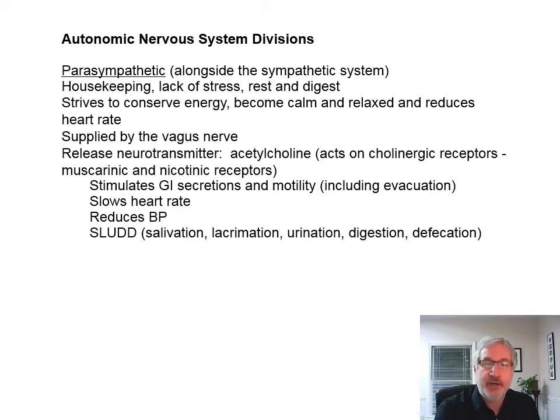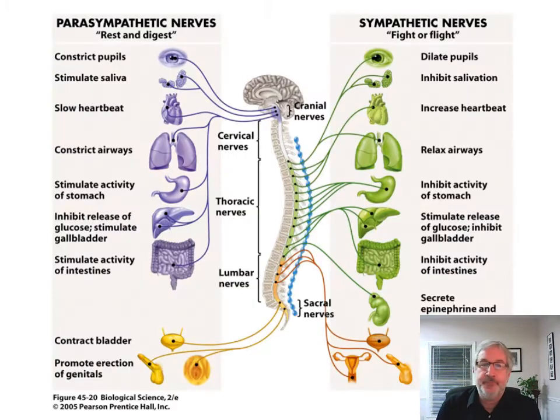Stimulates GI secretions and motility, slows your heart rate, reduces blood pressure. The acronym is SLUDD: salivation, lacrimation, urination, digestion, and defecation. So it increases those things and decreases heart rate and things that you might need if you're running away from a lion, say. Okay, next slide.